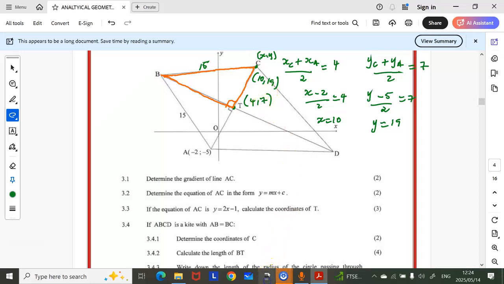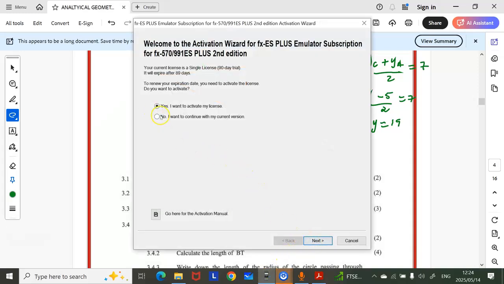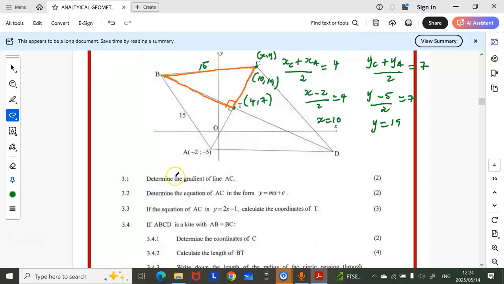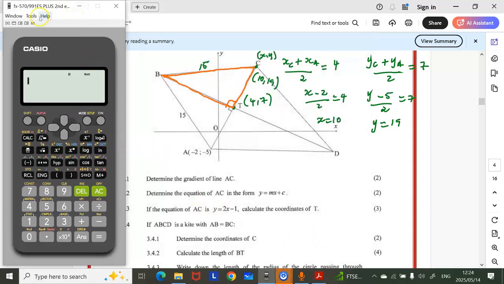We can do this in our calculator quickly. You don't need my calculator, just punch yours.